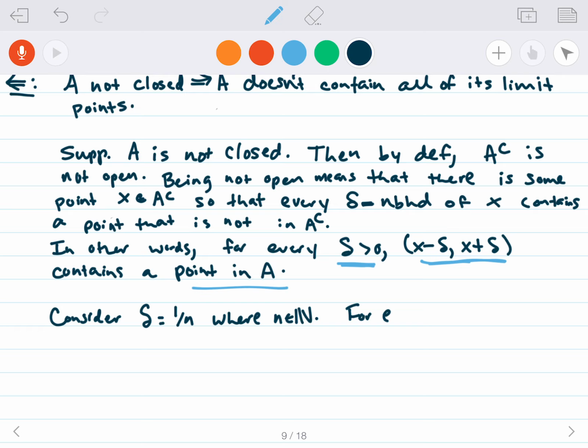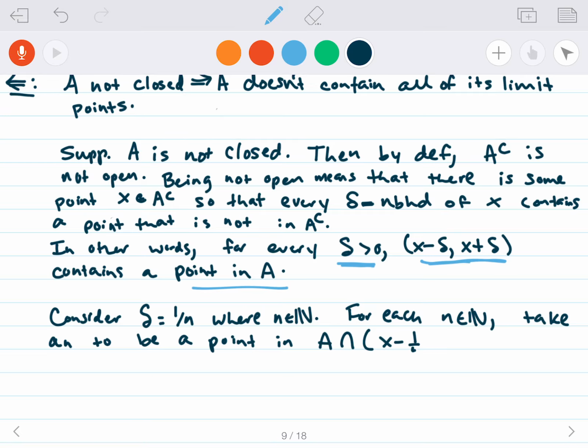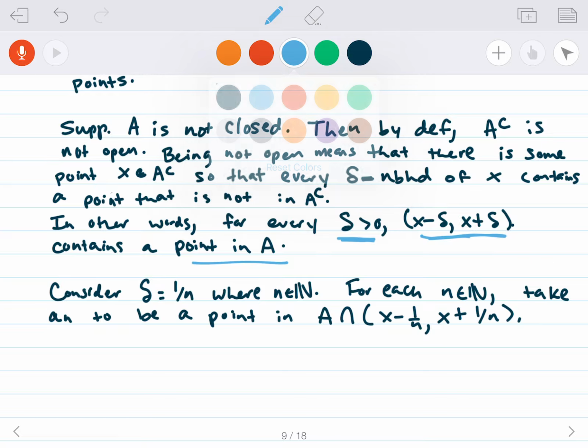For each n, take a member of my sequence, a sub n, to be a point in A and in the interval from x minus 1 over n to x plus 1 over n. Right? Because this assertion up here says I can take any delta that I want. I'm taking 1 over n to be my delta.